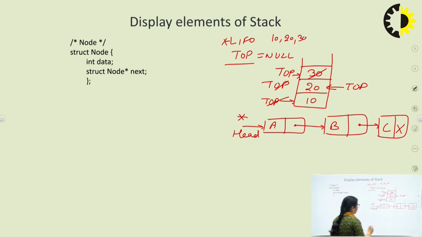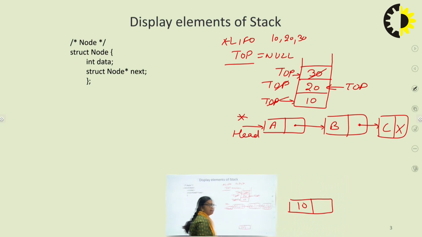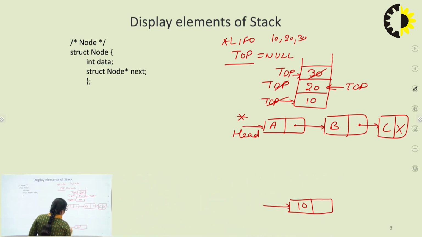So I will have a node. In this I will insert 10. This will be my first node and its address I will store in top.